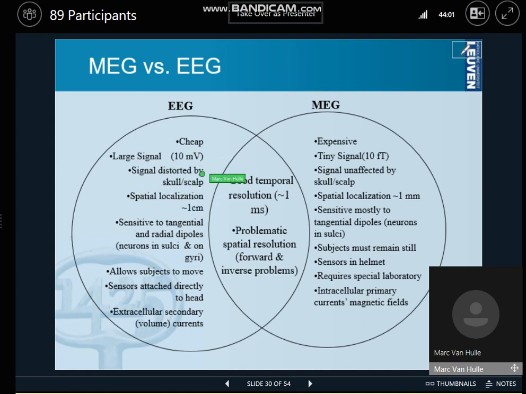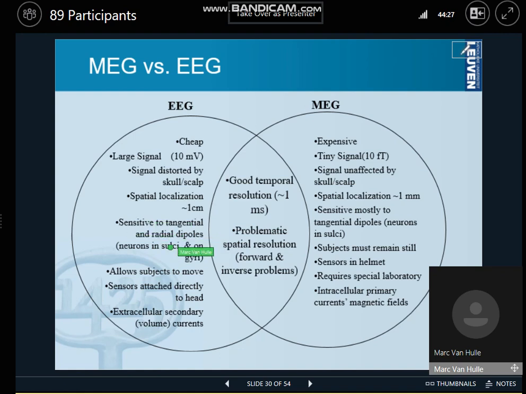And the EEG signal is distorted by the skull and the scalp. That's a known phenomenon in the case of EEG, which is not the case with MEG, because it relies on a different physical principle. Spatial resolution of EEG is in the centimeter range, and for MEG it's a bit better, but essentially the localization capabilities are similar.